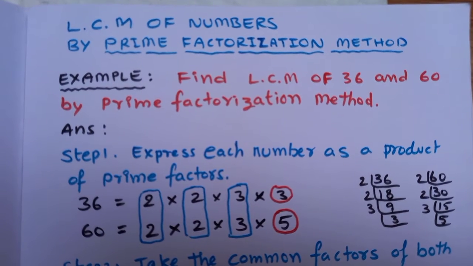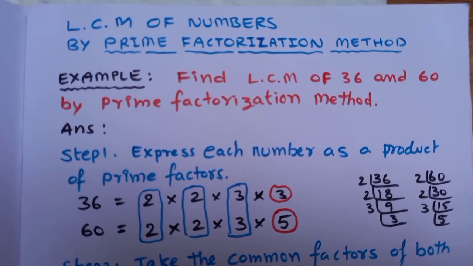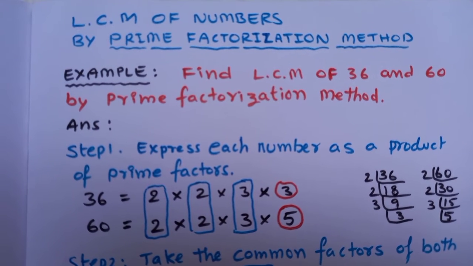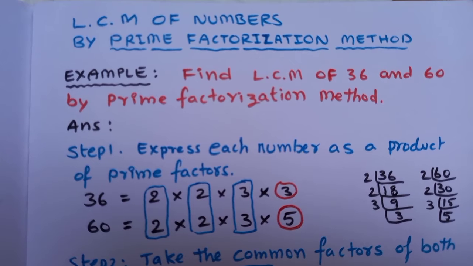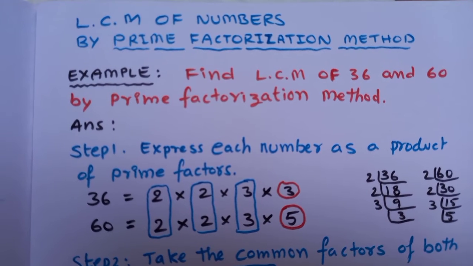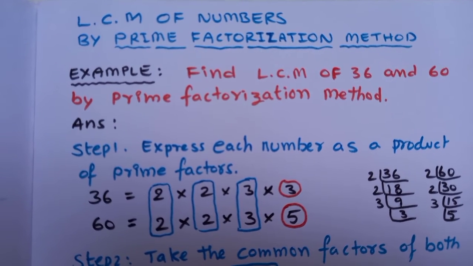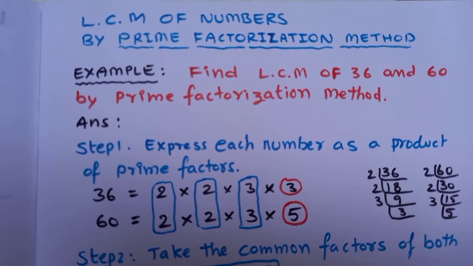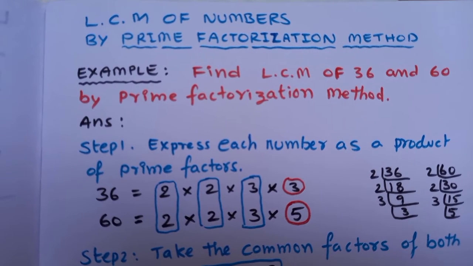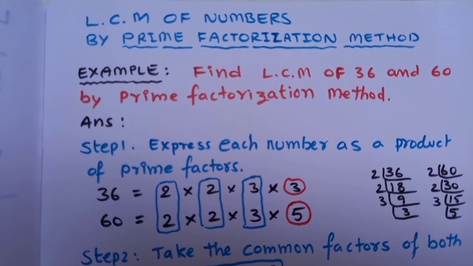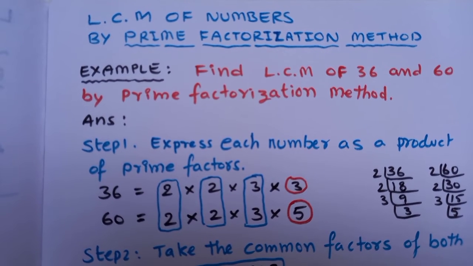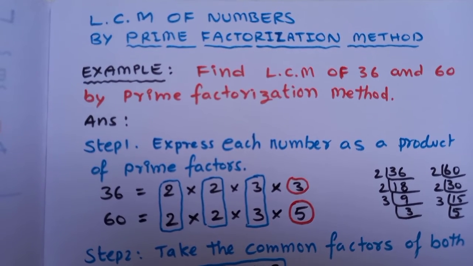Now we are moving to find the LCM of numbers by the prime factorization method. First of all, why do we need to find the LCM of numbers using the prime factorization method? Because in the general method of finding the LCM, for bigger numbers it is difficult to find the multiples.